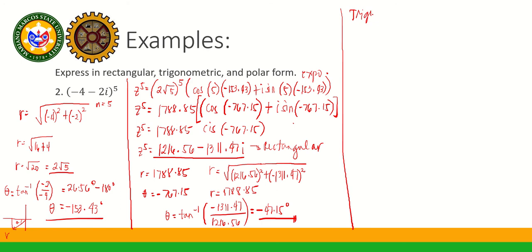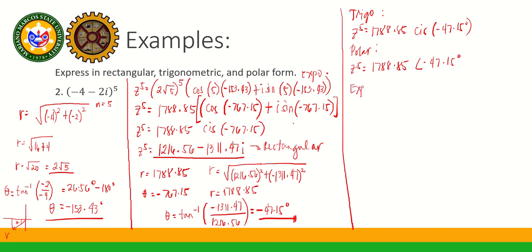However, for trigonometric, since given tayo ng r equal to 1788, so z raised to 5 is equal to 1788.85 cis, our angle will be negative 47.15 degrees. And for polar naman, okay, z raised to 5 will be equal to 1788.85 angle negative 47.15 degrees. And for exponential, convert natin si negative 47.15 degrees into radians. So, i-multiply natin ng pi over 180.